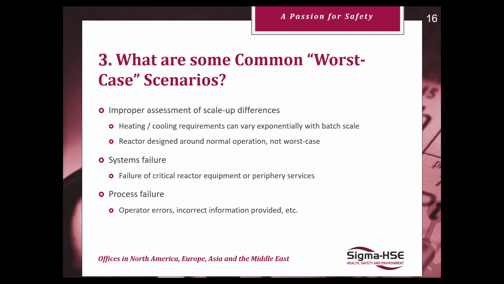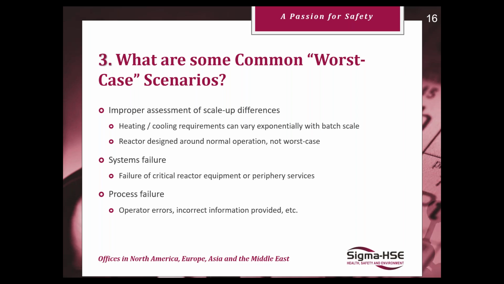So yeah, you touched on it in the previous couple slides, but improper assessment of scale-up differences is quite a common reason for experiencing a worst case scenario. Obviously, the heating and cooling requirements can vary exponentially with batch scale, but also if you don't think too hard about it and you design your reactor around normal operation, you're not considering a worst case, which can actually be quite catastrophic.